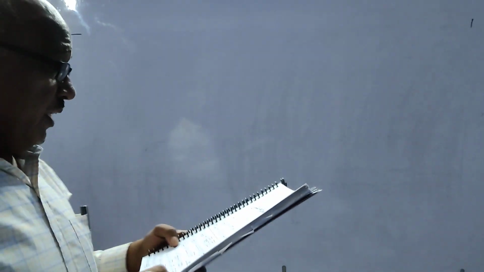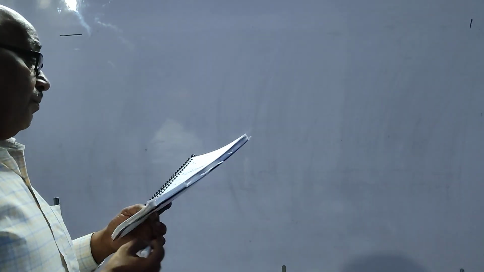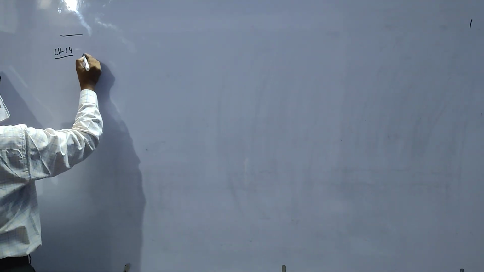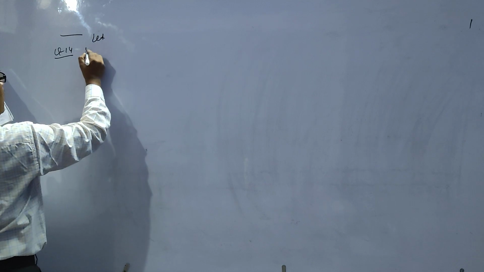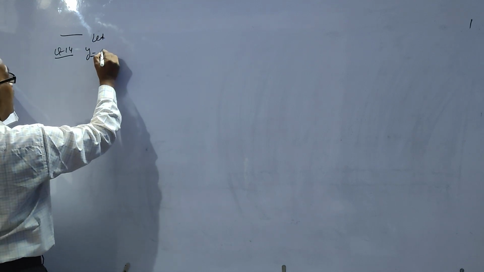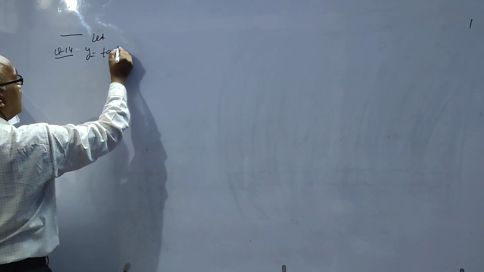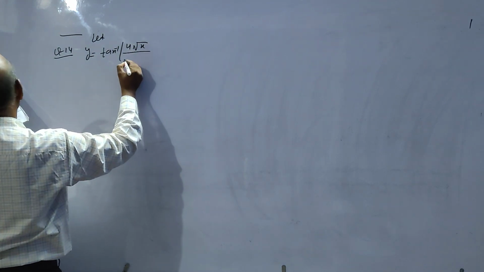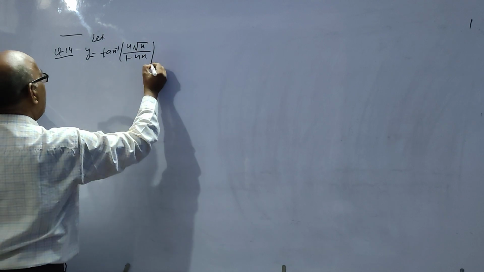Now this is the next question, 13. After that I am taking 14. Question number 14: let y is equal to tan inverse of 4 under root x upon 1 minus 4x.